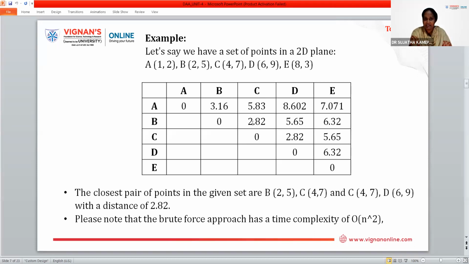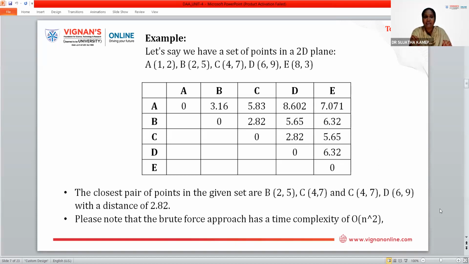When I calculated the distance of B and C, the 2.82 is less than 3.16. The minimum distance is updated with 2.82. If you observe the distances of the remaining points, this 2.82 is the minimum distance, which is present between BC and CD. So the closest pairs of points in the given example instance are BC and CD.